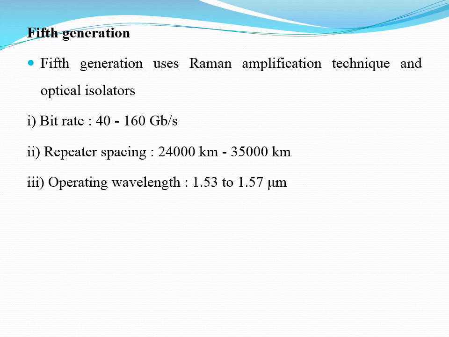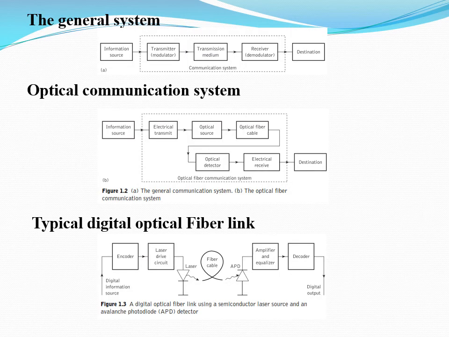Then the bit rate is 40 to 160 Gbps, a slight reduction in terms of bit rate. And repeater spacing is enhanced from 10,000 kilometers to 24,000 to 35,000 kilometers. So that is the spacing which is improved. And the operating wavelength is from 1.53 to 1.57 micrometer.